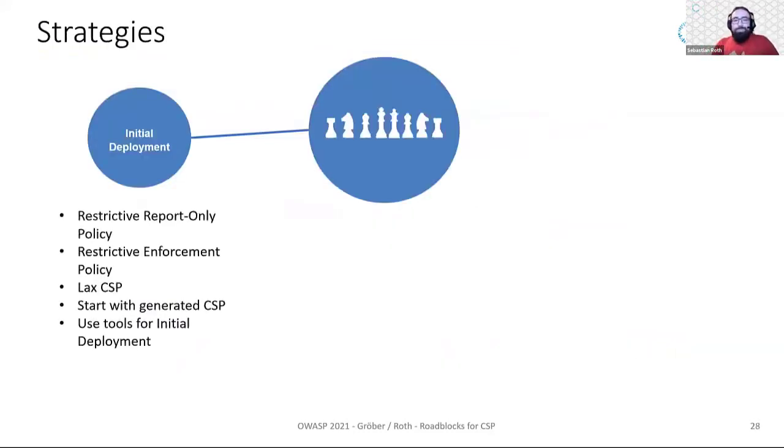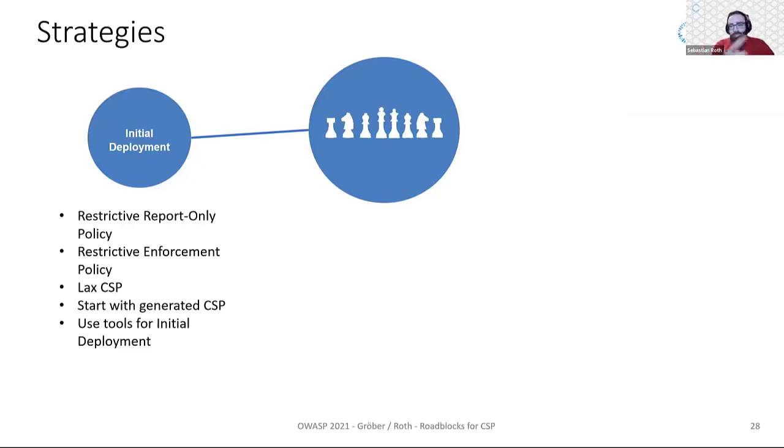During the interview, but especially during the coding task, we have seen many different strategies for how certain problems with CSP can be mitigated. For example, in the initial deployment of CSP, some of the participants start with a policy in report-only mode.